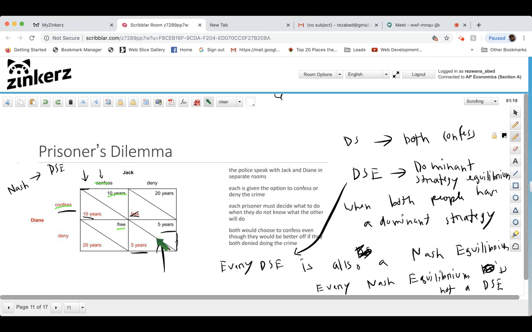Because they think that if they confess and the other one denies, then they have the advantage. Exactly. So this is something that we always see, and we actually see this in real life too, right? If you think about Coke and Pepsi, we're going to make sure to have an example of that next class. They might agree on some sort of a strategy, but then they think that by undercutting the competitor, they can cheat. I can have a higher price and I can have more profit.